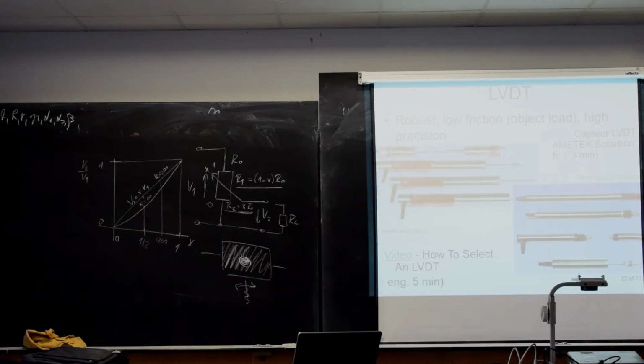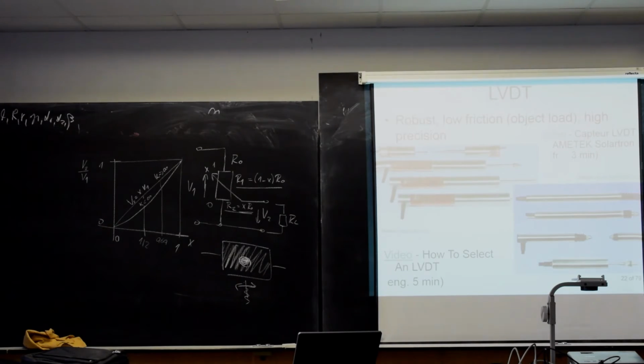We already have used this sensor. In what lab class did we use this kind of sensor? In the force lab, we use this LVDT to measure the bending of the beam. So this was used as a position sensor. There are other LVDTs here as well.